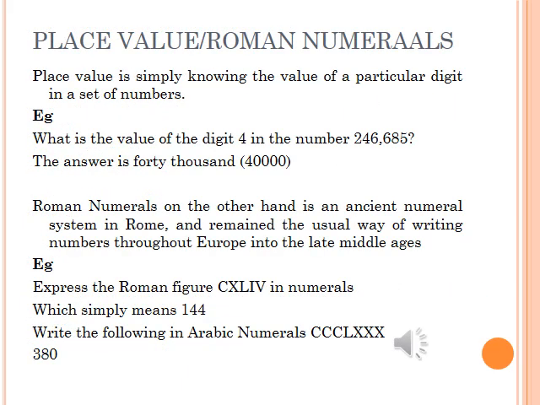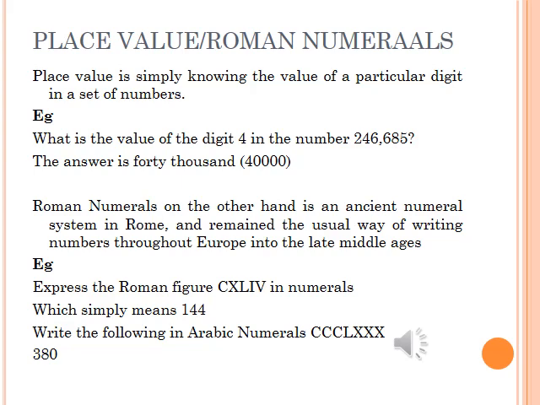Next is place value and Roman numerals. Place value is simply knowing the value of a particular digit in a set of numbers. Example, what is the value of the digit 4 in the number 246,685? The answer is 40,000.